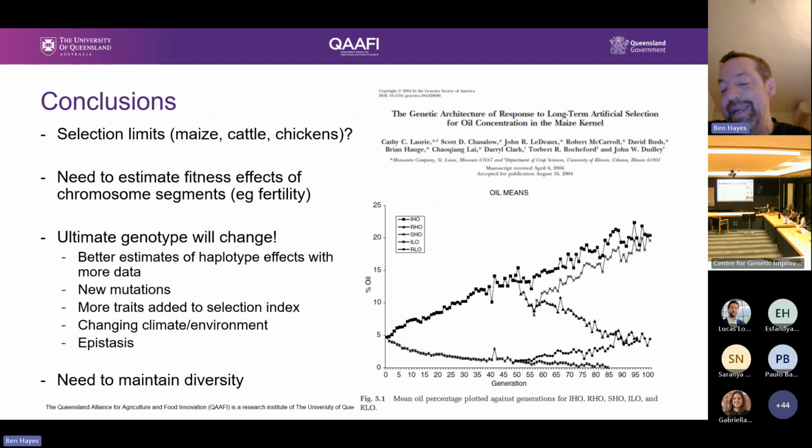And I've just talked about additive effects. There's also, of course, epistatic effects and dominance effects. We also, to meet this challenge that the ultimate genotype is going to change, need to maintain diversity.